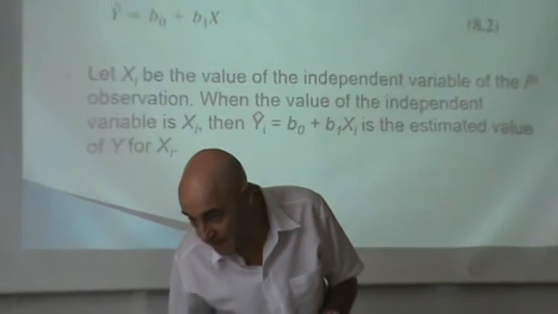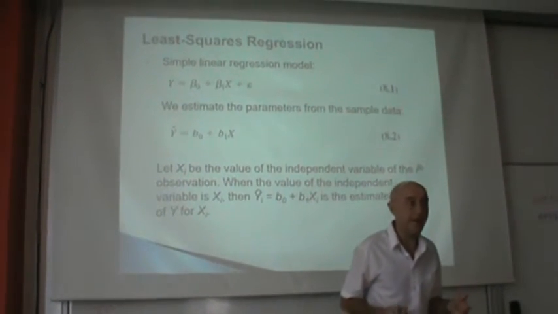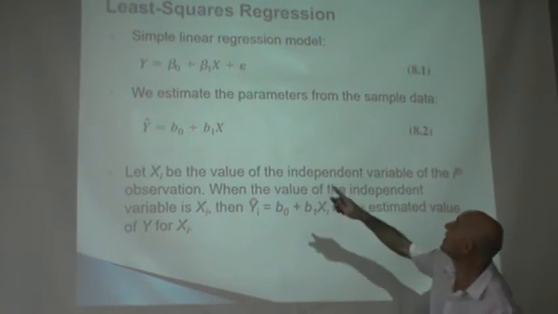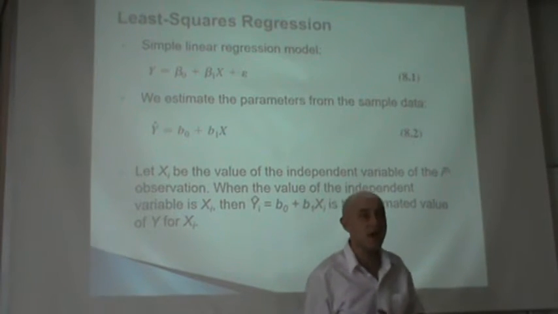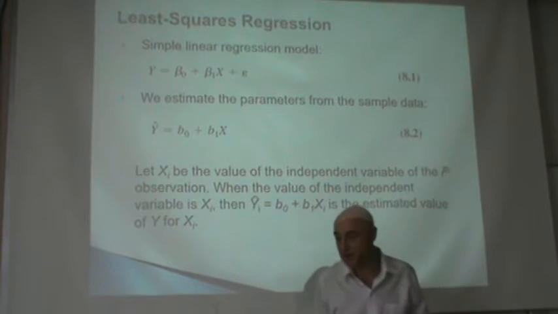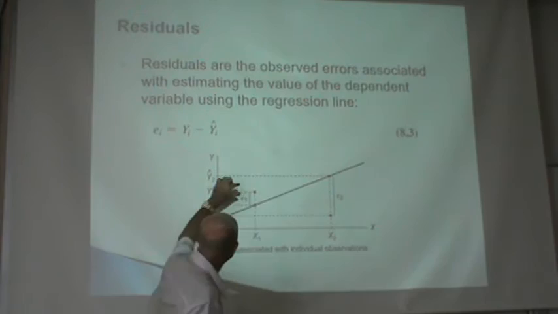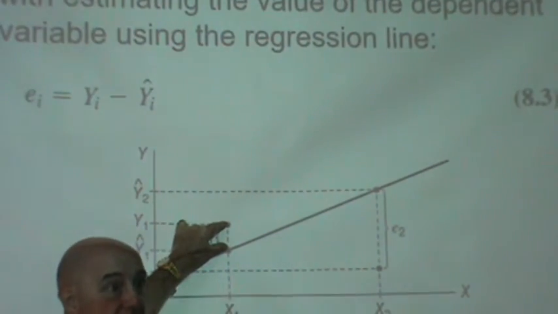Let's see. The most common method to get a regression, to define a best fit, is known as least squares. And least squares simply tries to minimize the deviations. There's a little picture over here. This is one deviation, we call this an error.